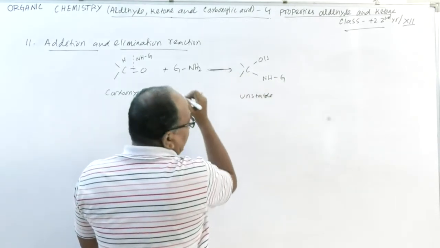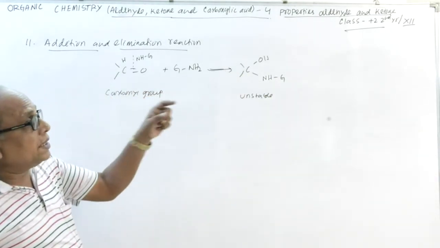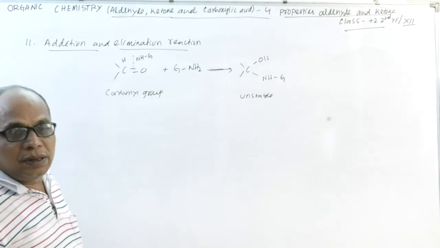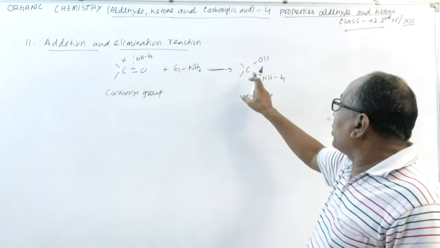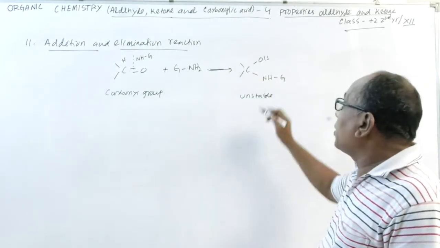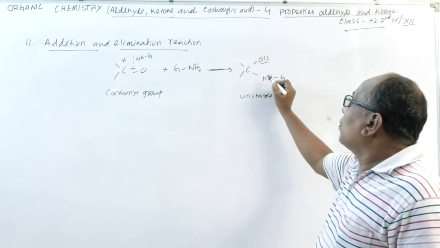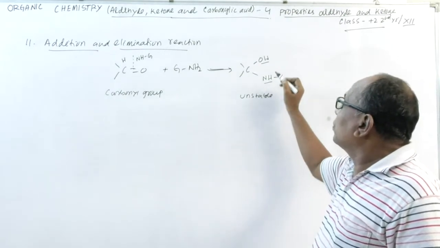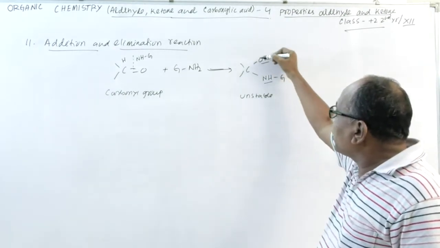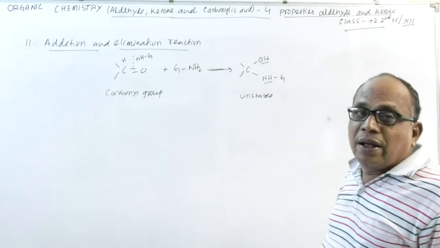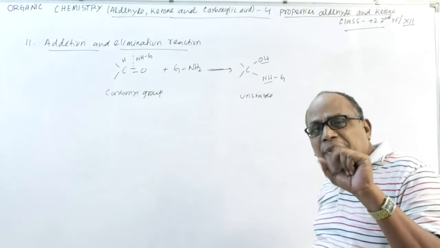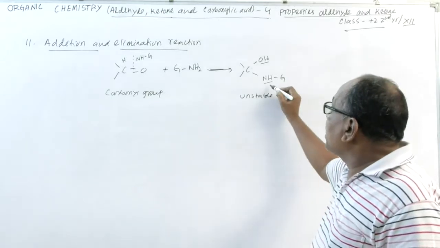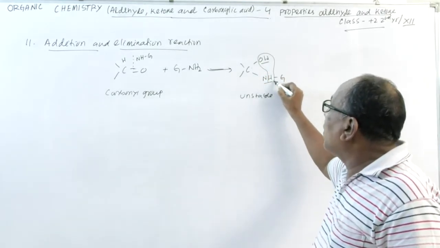First is addition. The addition product is unstable because the carbon atom is loaded with the OH group as well as the NH group. The carbon is bonded with oxygen and with nitrogen. When a carbon is bonded with two electronegative groups, it becomes unstable and immediately loses a molecule of water.